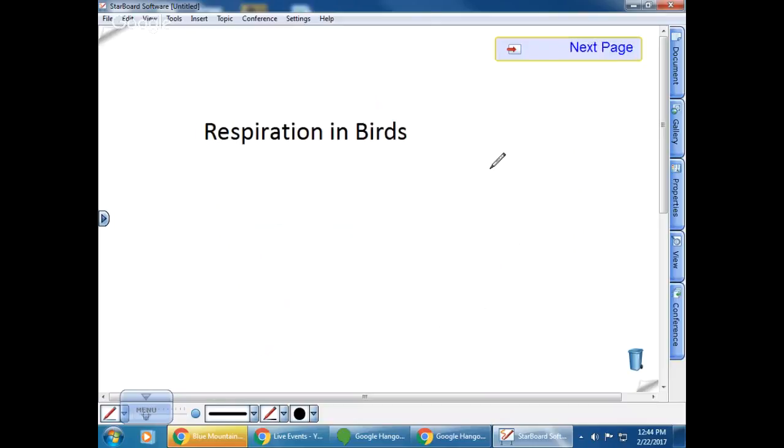Okay, so let's talk about respiration in birds, because they are also endothermic, right? So they need a very efficient mechanism. They also lack a diaphragm, because they're reptiles, right?